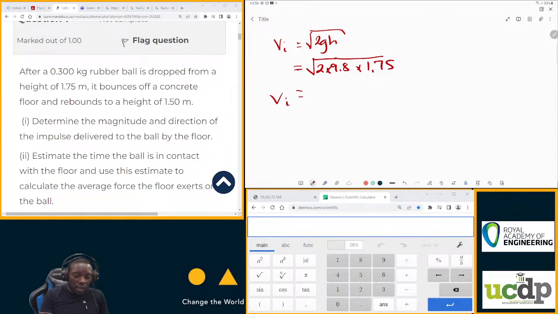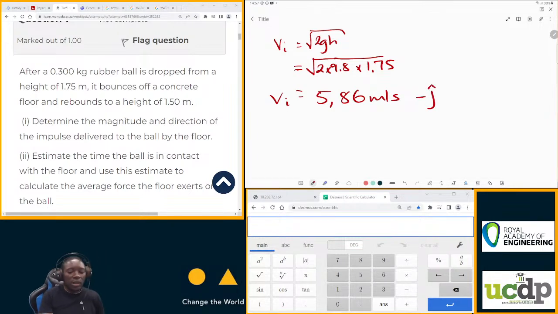From the calculator, what do you get? Root of 2 times 9.8 times 1.75 gives me 5.86 meters per second in the negative j direction.